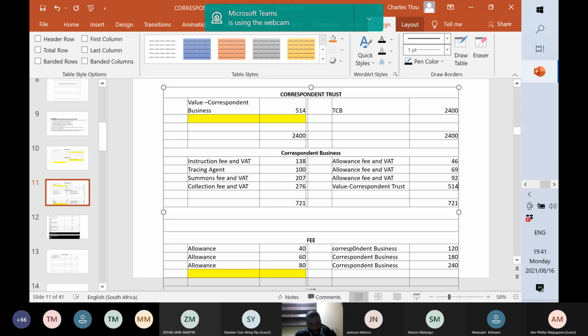Which account do we debit and which account do we credit at step number 7.2?